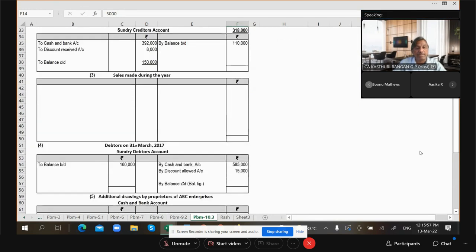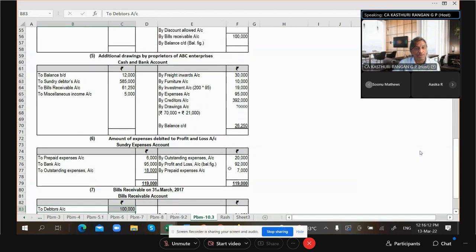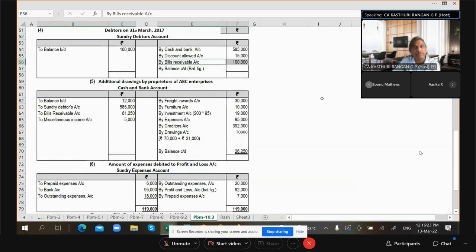Debit the bill receivable account, credit the debtors account, 1 lakh. So debit bill receivable, credit debtors account. Bill receivable drawn and accepted by them.